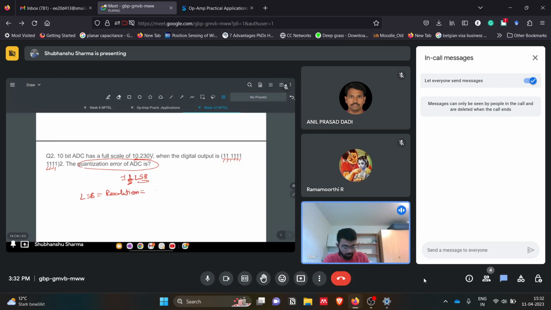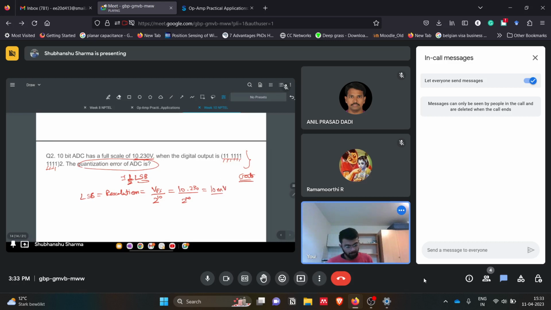So what will it be? VFS divided by 2 to the power 10. This is basically a GATE question. We have full scale value 10.230 divided by 2 to the power 10. So we'll get approximately 10 millivolts.